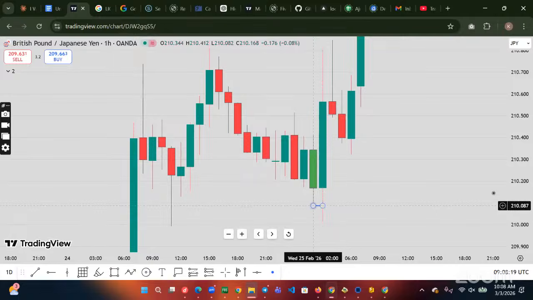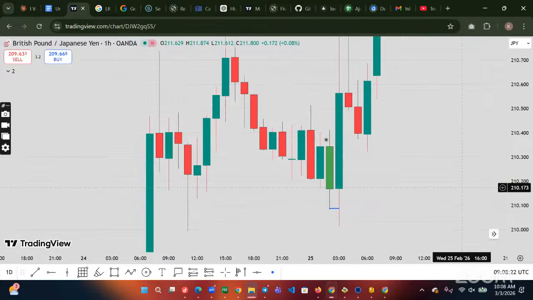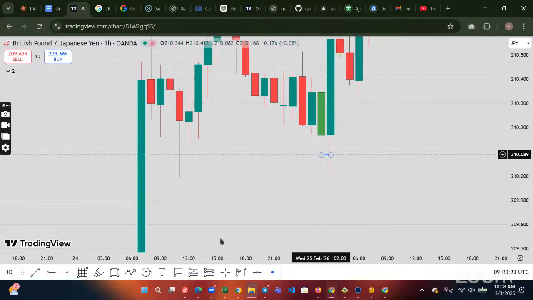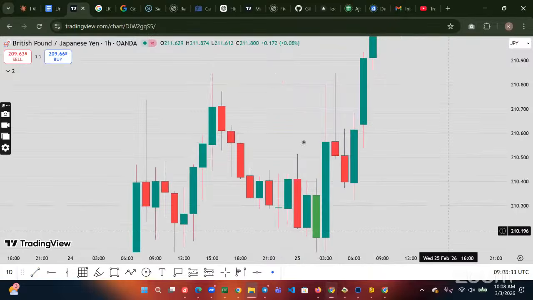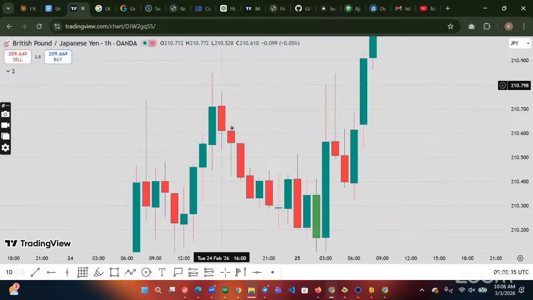But now here's the biggest question. Beyond sweeping this wick, it should also sweep the low. Are you seeing this low? It did not sweep it. And that's the problem. Every engulfing POI must both sweep a previous high and sweep a low.